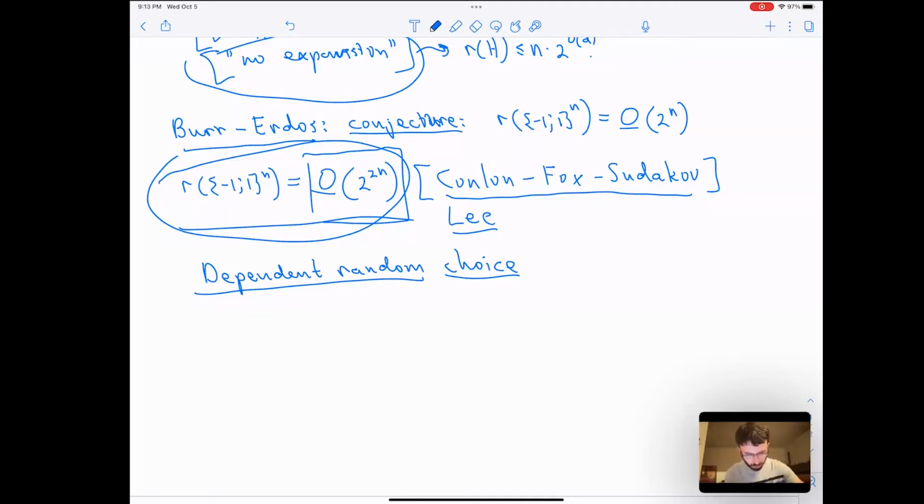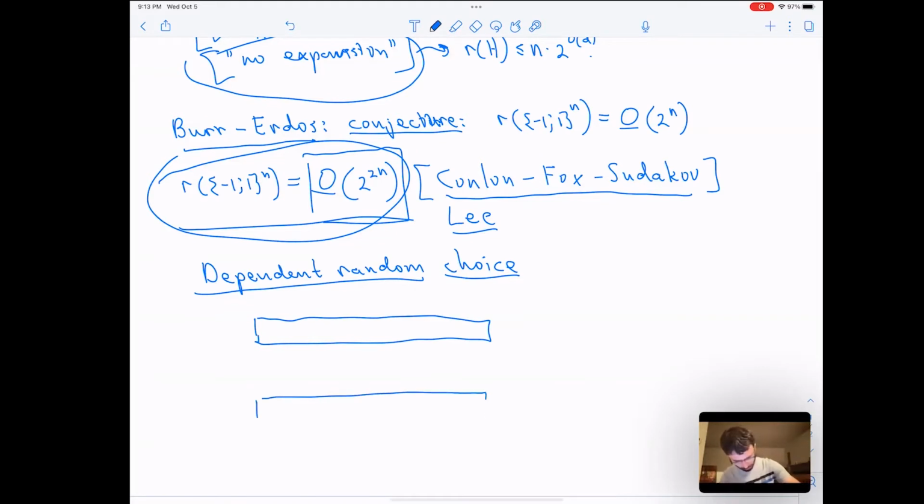So dependent random choice can be viewed as a two-step procedure. First of all, I want to consider bipartite graphs in this shape. So we have two parts arranged like this: V up and V down. All bipartite graphs will look like this in my talk.